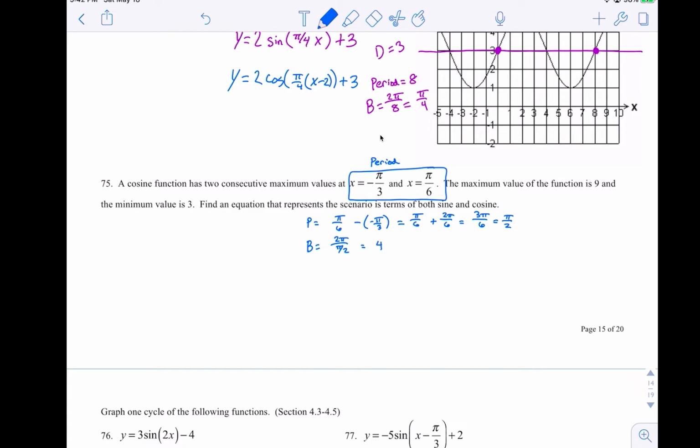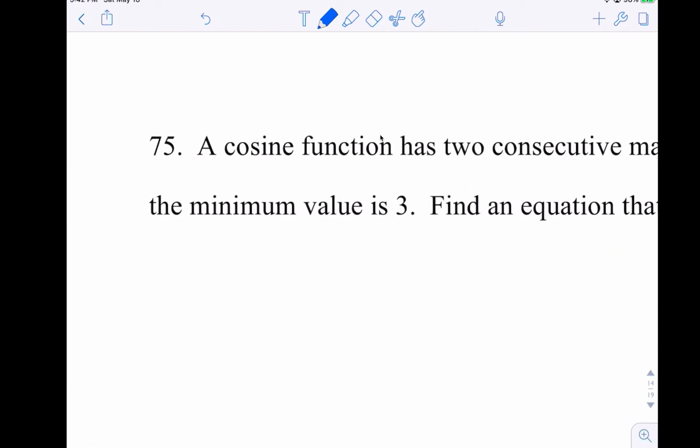Okay, so it says the maximum value is 9 and the minimum value is 3. So my axis is going to be in the middle of that. You take your highest point and your lowest point and take the average of them.